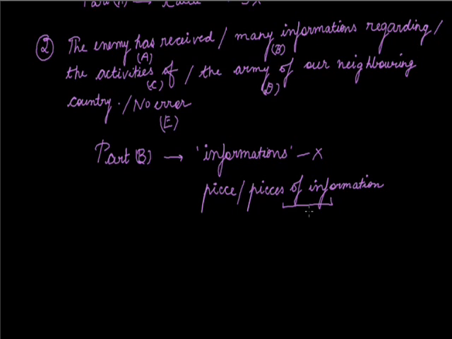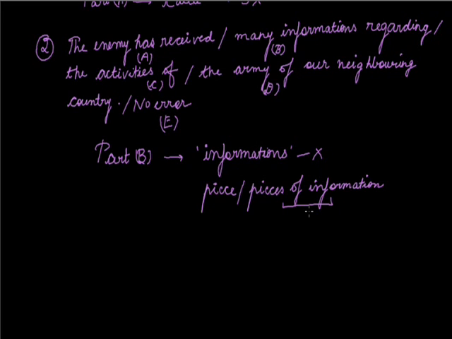So here are some other words which are uncountable and which are sometimes wrongly used as countable nouns, and they are sometimes pluralized. We can neither use a or an with these kinds of nouns, nor can we use them in a countable form.